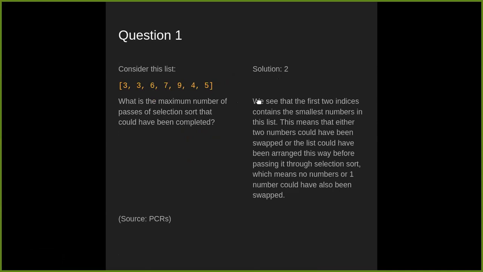Okay, basically question 1 was asking how many passes of selection sort were completed on the array so far, right?